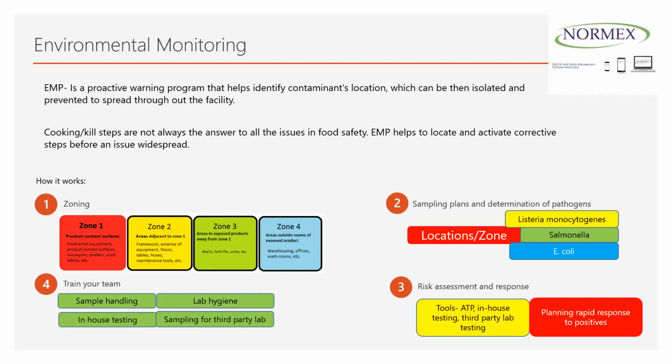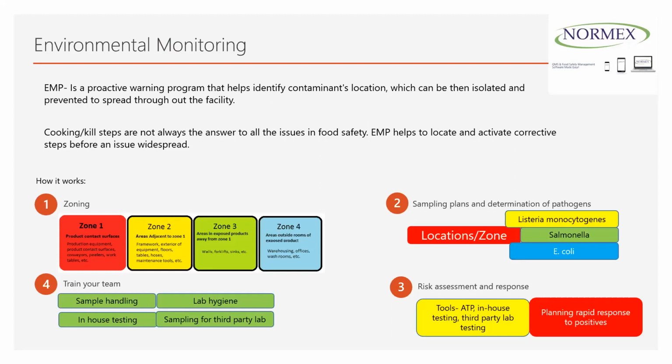Listeria and E. coli are more common because you may be using water in your facility, and water has the tendency to support their growth. So SQF wants you to test for these pathogens. And if you have any other pathogen that could be in your facility based upon your previous history, then you can add those pathogens as well.